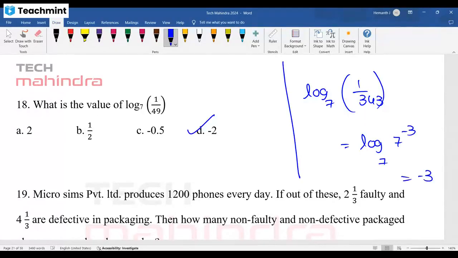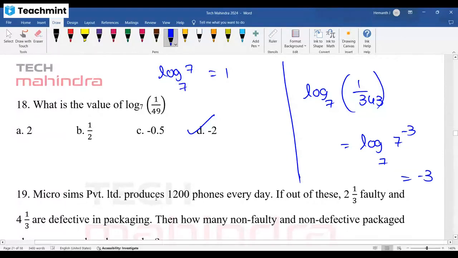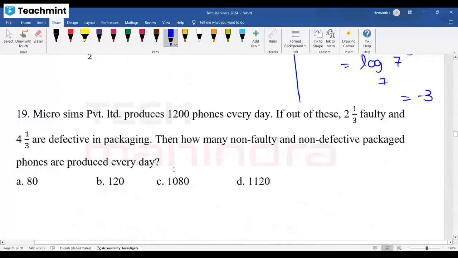Log 7 base 7 is nothing but equal to 1. For your friends, recently they got the same question, but here instead of 49, they gave 343. It's not a big deal. I'm not saying that the same questions will repeat. The concepts and the methodology remain the same. And this question they're asking repeatedly, and still people are making mistakes.